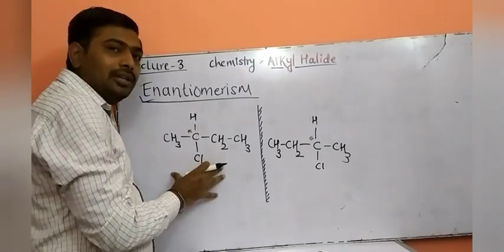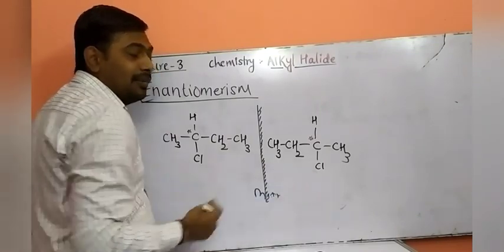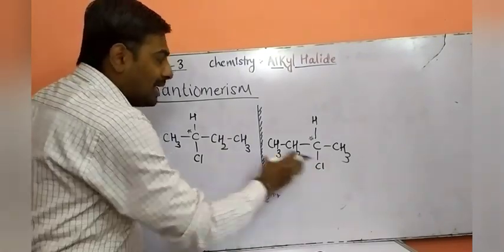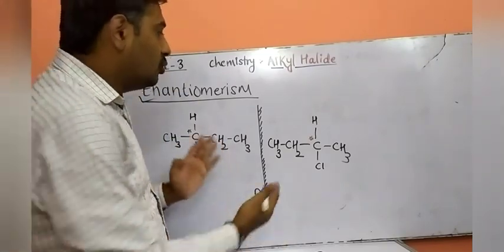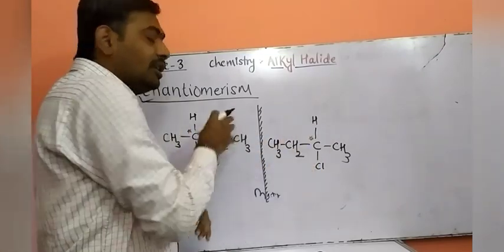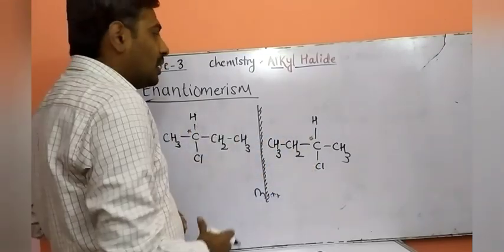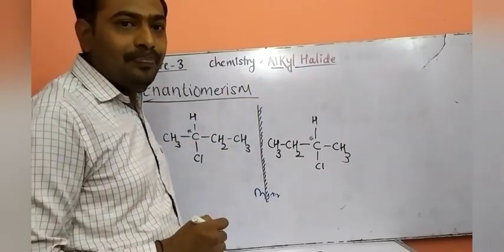See, if this molecule is placed in front of a mirror, we get the mirror image of this compound, which does not match on this one, called non-superimposable mirror images. When one compound has a mirror image which does not match, those two compounds are called enantiomers of each other, and the concept is called enantiomerism.